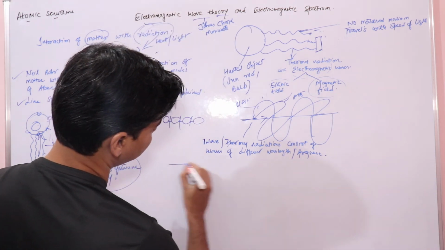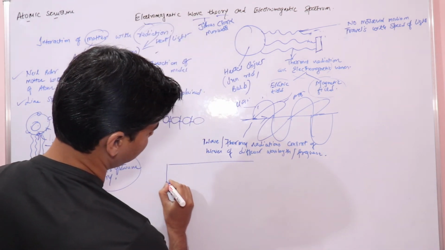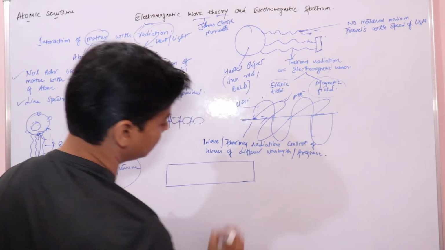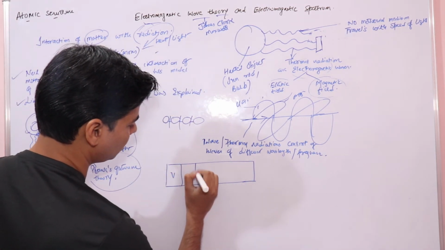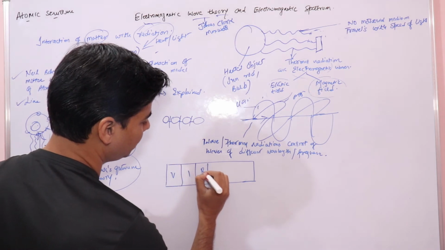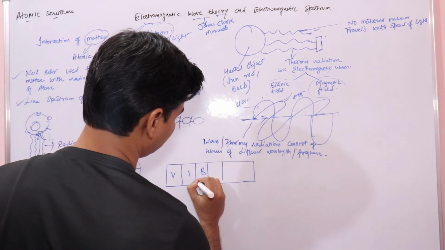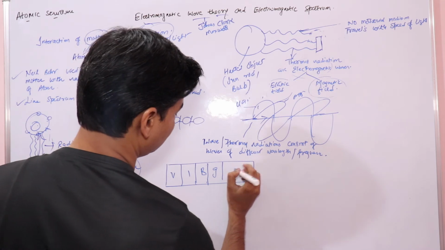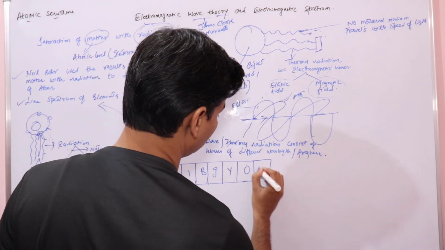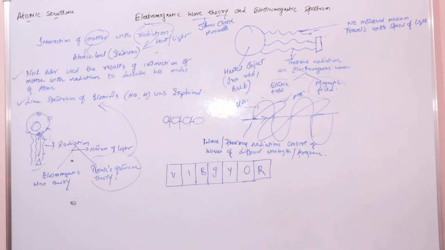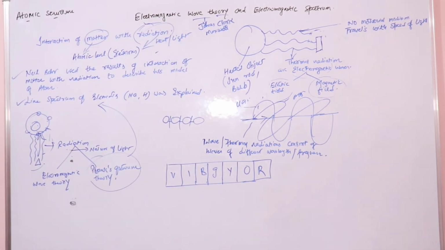It's somewhat like this. If you arrange these in an order, like we use V, I, B, G, Y, O, then R, this is how the electromagnetic spectrum looks.